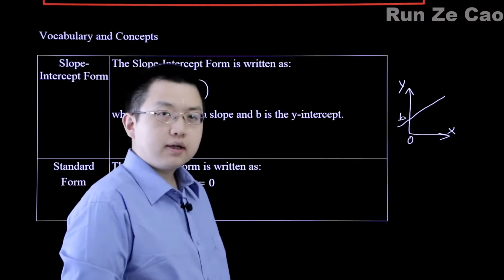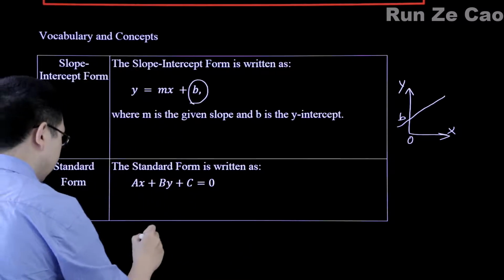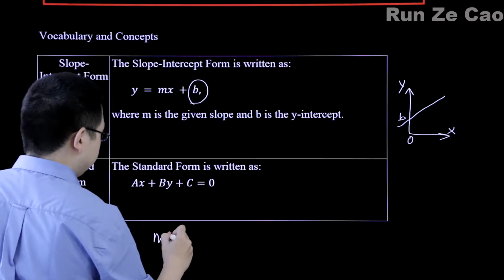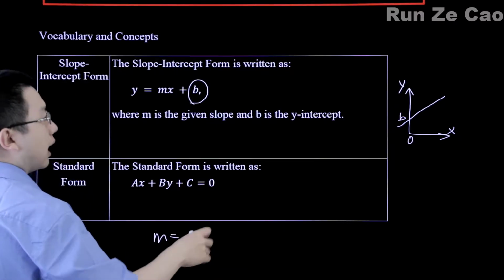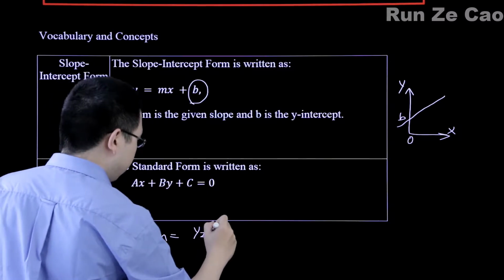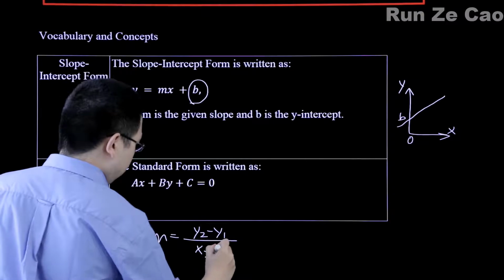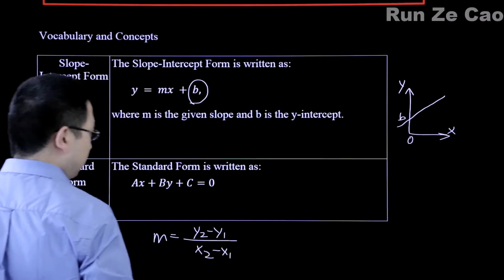And the slope is defined as rise over run. M equals, rise is the change in y, so y2 minus y1, over x2 minus x1.